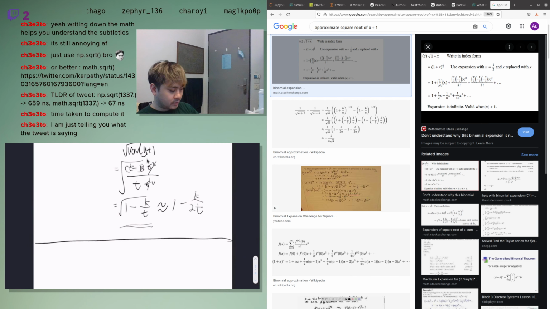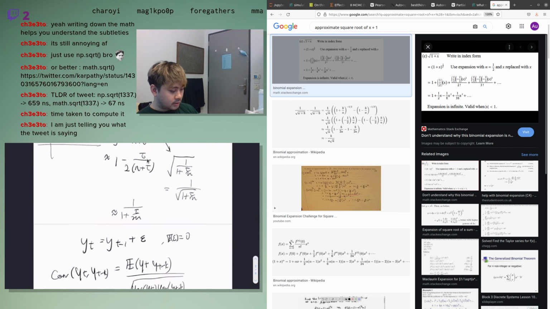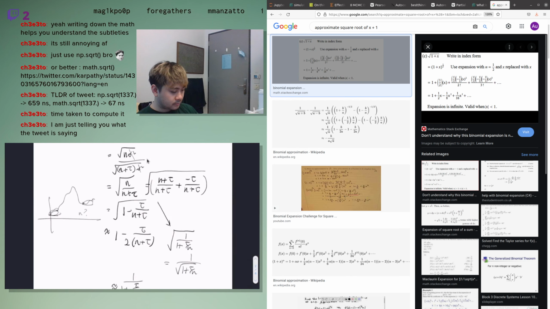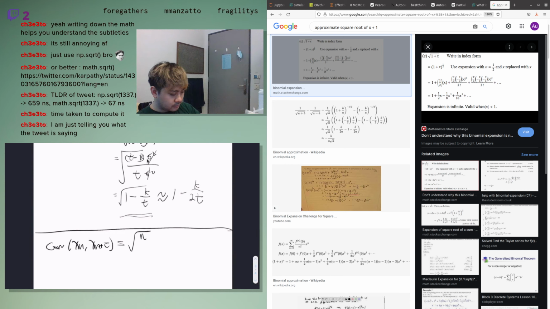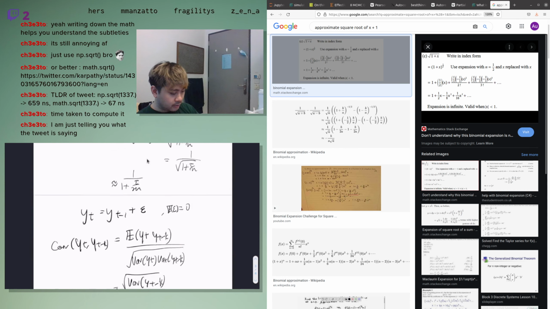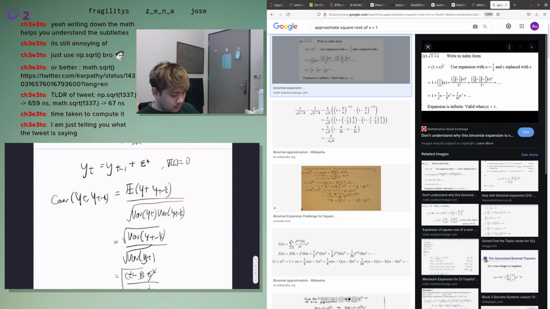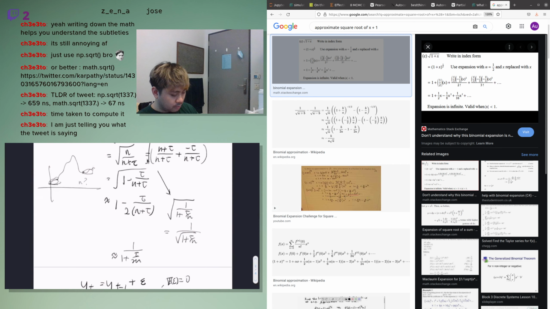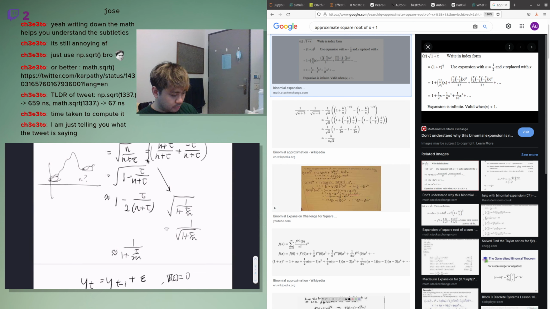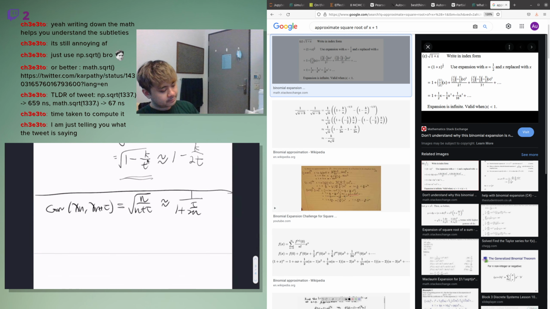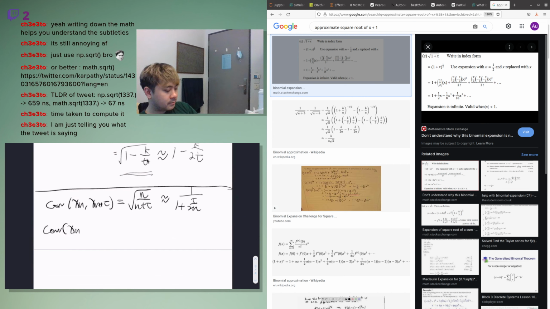The correlation between xn and xn plus tau roughly equals... I guess one could write it in several ways. I don't know which one is most helpful really, but I'm going to stick with this. And then if it's one lag, meaning the correlation with the next sample, it would just be this.